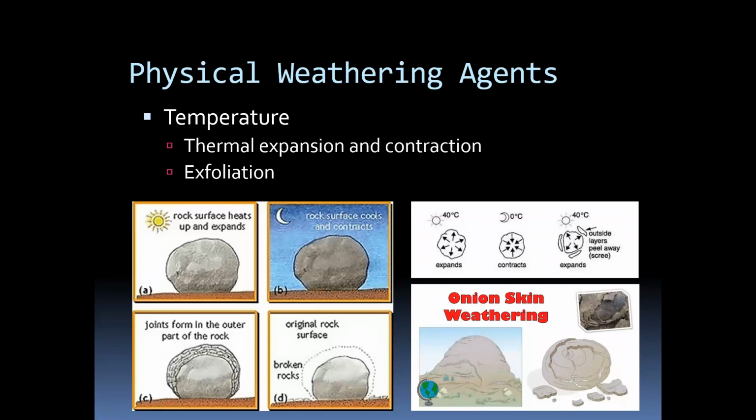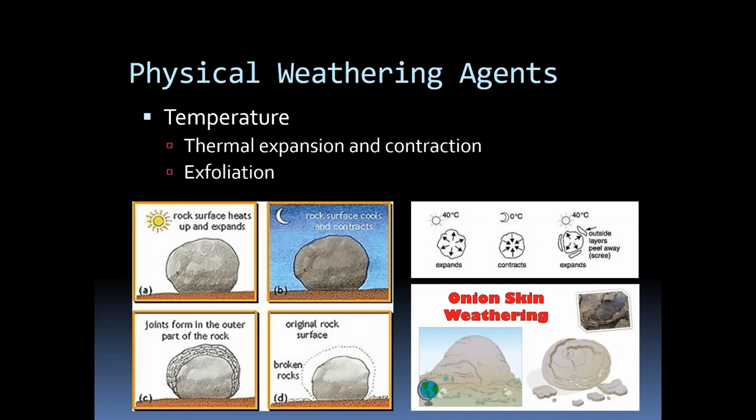If we look at more details about physical weathering, we can find that it can happen, for example, by the action of temperature. And we have here the expansion and contraction. Now, if we look at the picture here, you would find that during the morning, when the temperature increases, what kind of thing would happen?